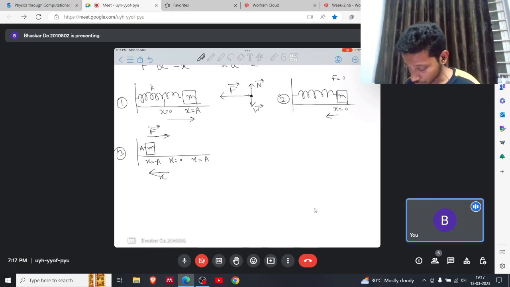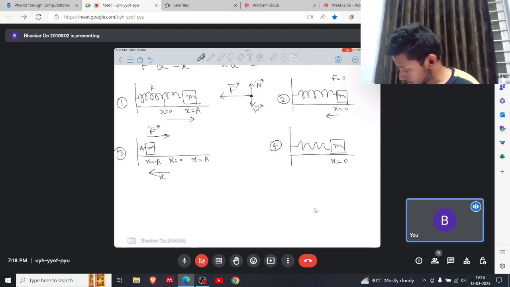Now again it will come to zero, where F equal to 0, but it will have a motion towards this direction because there is a velocity, and it will repeat, because after this the condition of this mass will be like this.